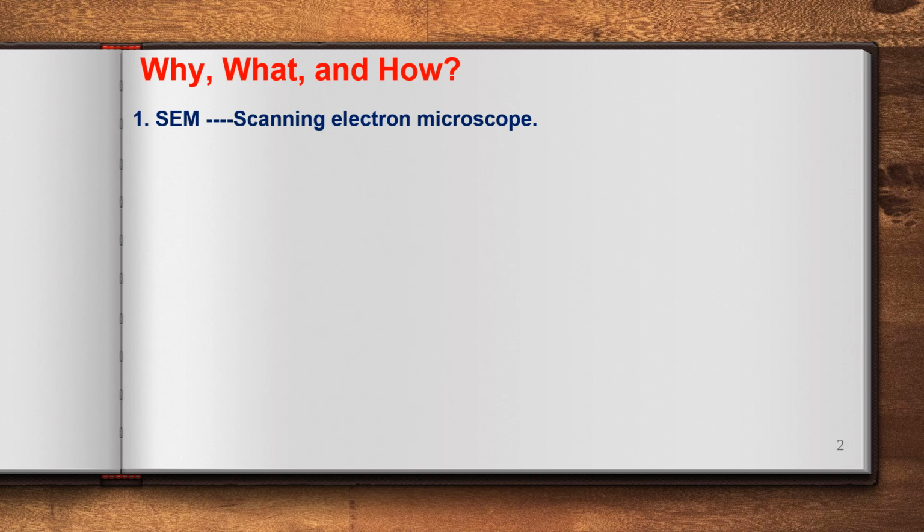So the difference between the optical microscope and electron microscope is the source, that is light versus electrons. From the result point of view, in an optical microscope we can see clearly up to 300 to 400 nanometer resolution, but in the case of an electron microscope we can go up to 1 nanometer. That is one of the advantages of utilizing this technique to characterize nanomaterials.